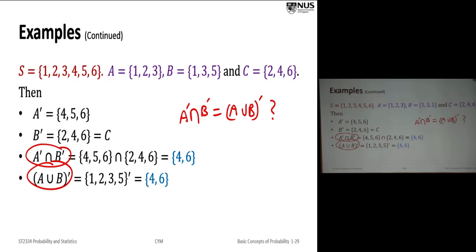But we can also help you understand it. Think of it: what if this is A, and this is B? What is A complement? A complement will be this part plus this part.